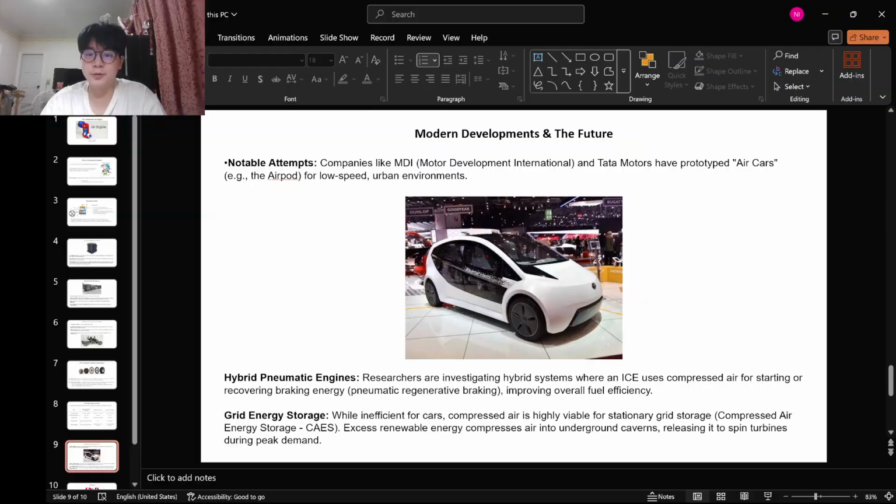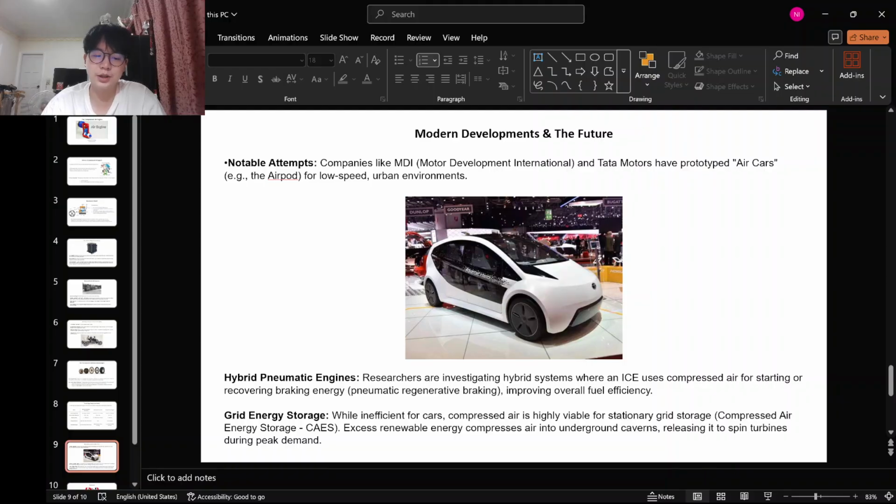Modern developments and the future. Notable attempts: companies like Motor Development International and Tata Motors have prototyped air cars for low-speed urban environments. Hybrid pneumatic engines: researchers are investigating hybrid systems where an ICE uses compressed air for starting or recovering braking energy, improving overall fuel efficiency.